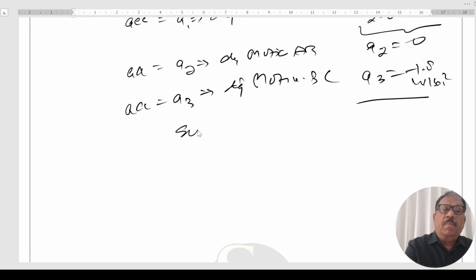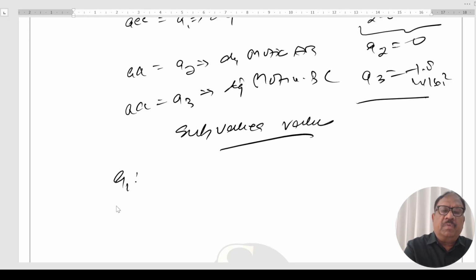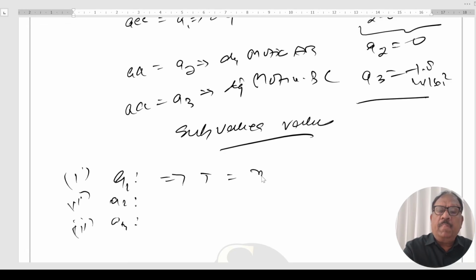Now substituting values, A1 will be in the first part, A2 in the second part, A3 in the third part. In the first case T will be equal to m(g plus a), with a equal to 1.8 meter per second square. In the second case T will be equal to mg plus 0.